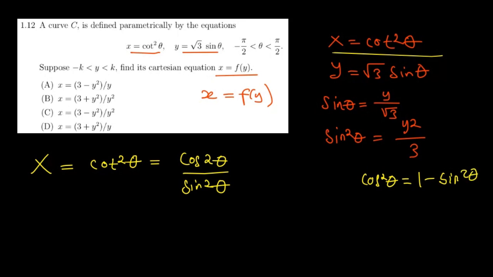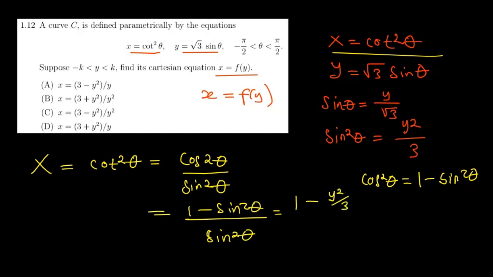So here where there's cos squared theta, I'm going to put 1 minus sine squared theta, over sine squared theta. So on top it will be 1 minus y squared over 3, divided by y squared over 3.